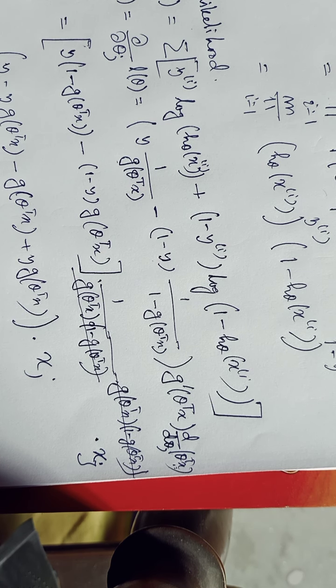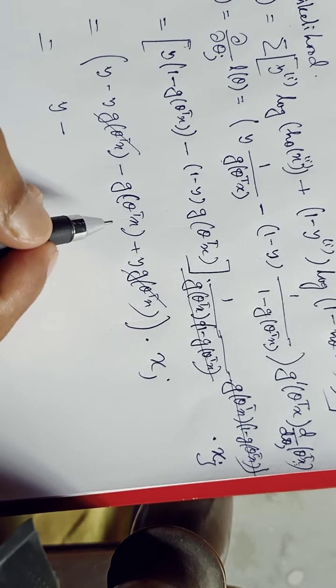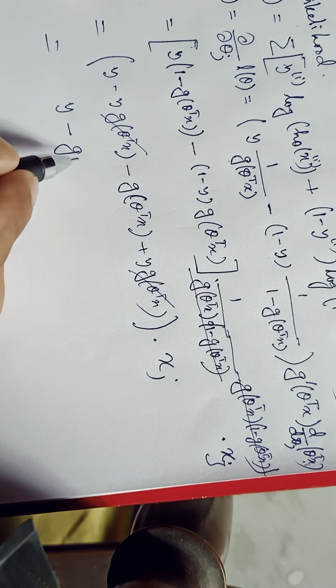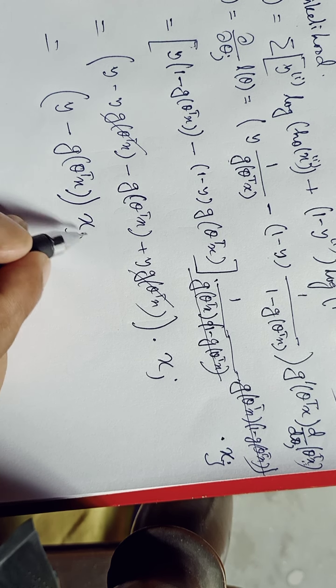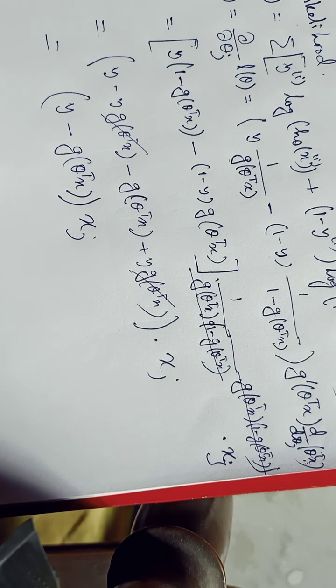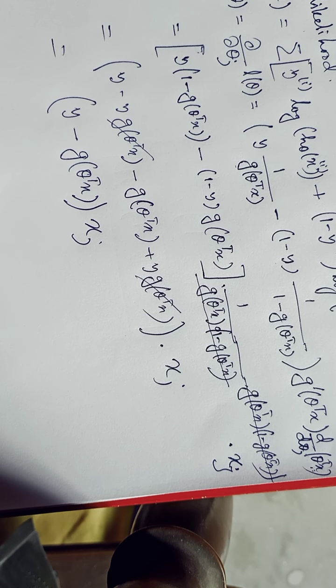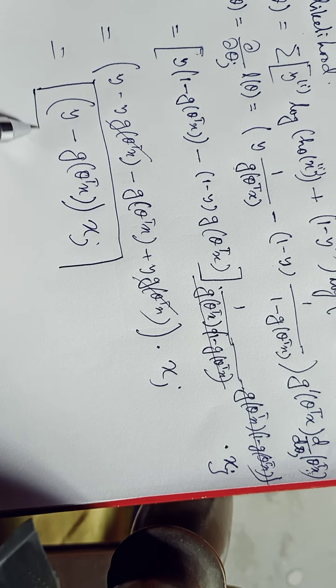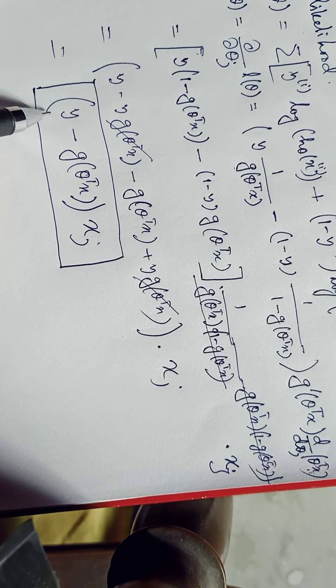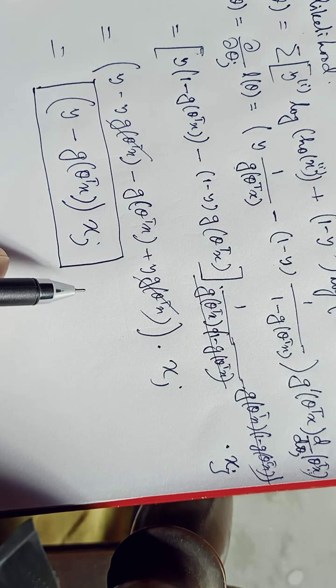So here these two will be cancelled, so we get y minus g(theta transpose x) into xj. So for the update rule, the stochastic one, here also you see that the derivative of the log likelihood is same as our linear regression, y minus g(theta transpose x) xj, but the variables are different.